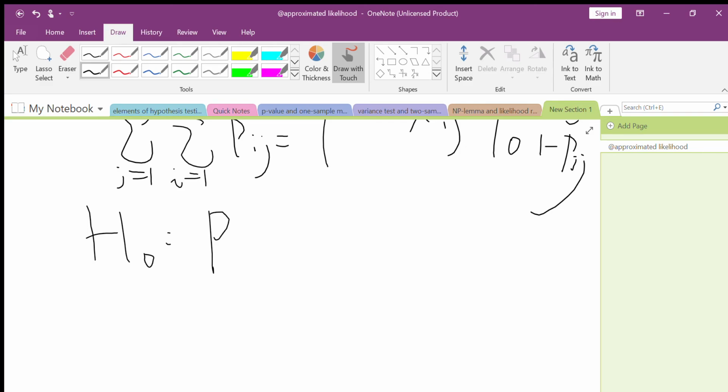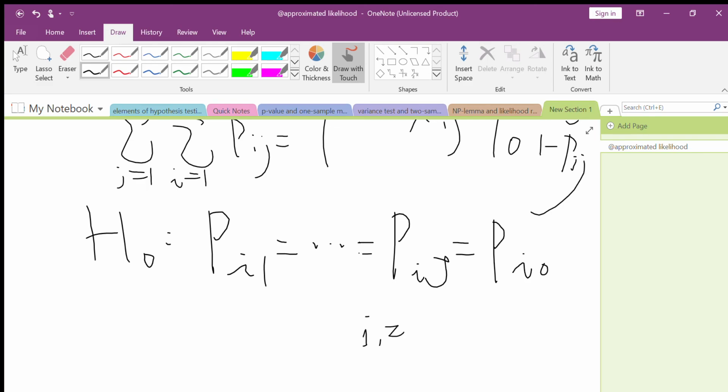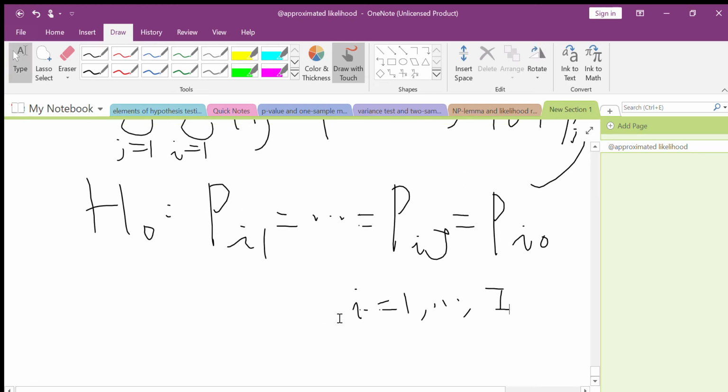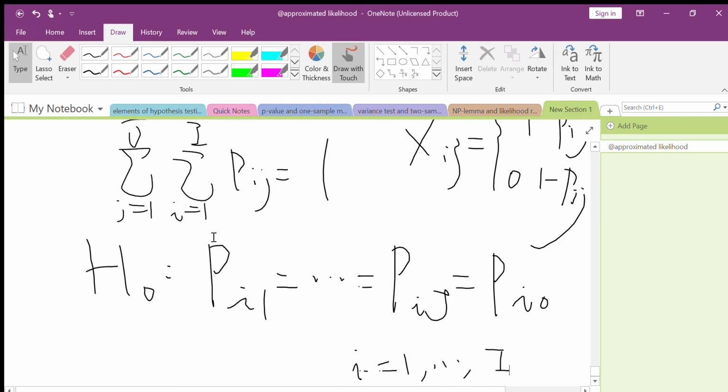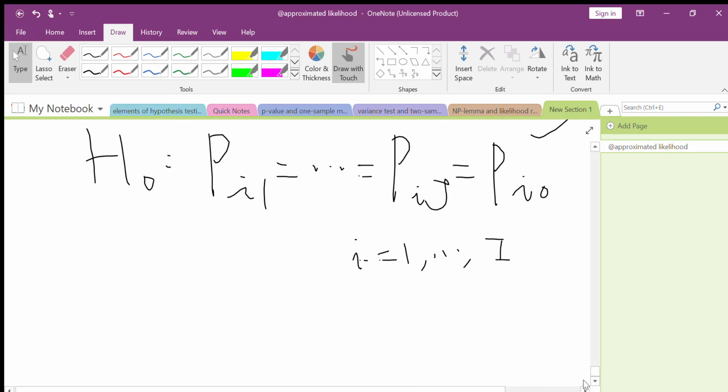We are interested in testing such a hypothesis: Pi1 all the way to PiJ equals Pi0, i from 1 to capital I. That's why it is called the homogeneity test, because it is testing the equality of those Pi1 all the way to PiJ.